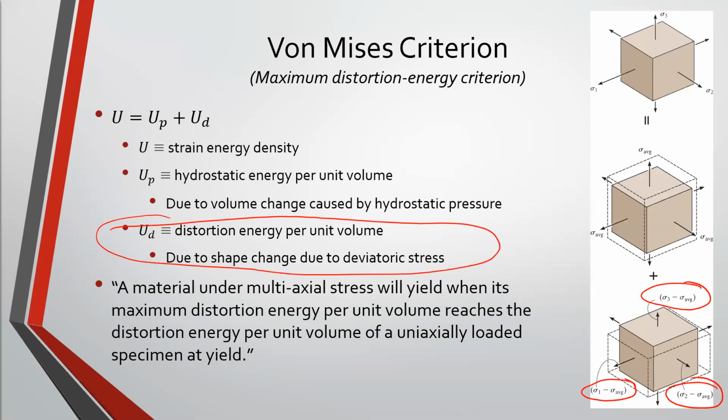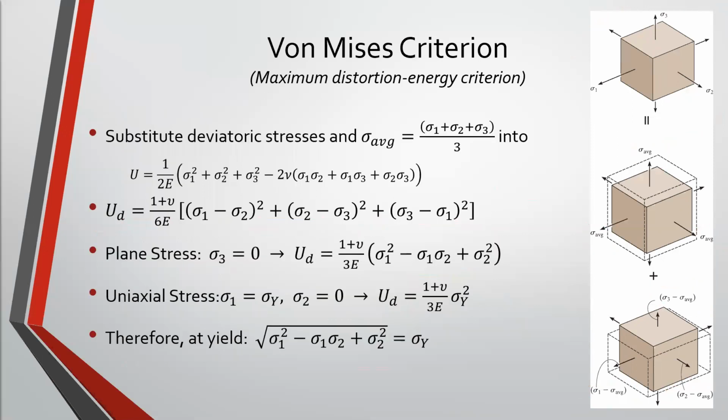So if you take the total stress state, which is sigma 1, 2, and 3, and you subtract from each of them this average stress, which we say is our hydrostatic portion, what's left are these deviatoric stresses. It's how much the stress applied is minus the average value. So if we plug that in for the values of sigma 1, 2, and 3 in that equation, and then remember that the average value is the sum of the 3 divided by 3, you end up with this equation here.